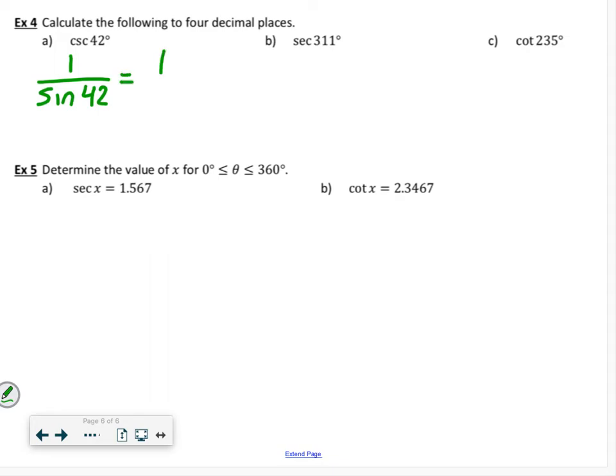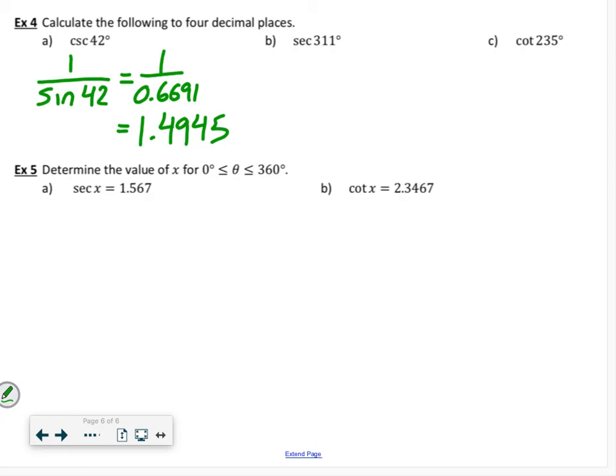So that's 1 over 0.6691, I believe, and a bunch of decimals. Then I can hit my 1 over x button and get approximately 1.5. It says 4 decimal places, so why don't we do it to 4? So that's going to be 1.4945.